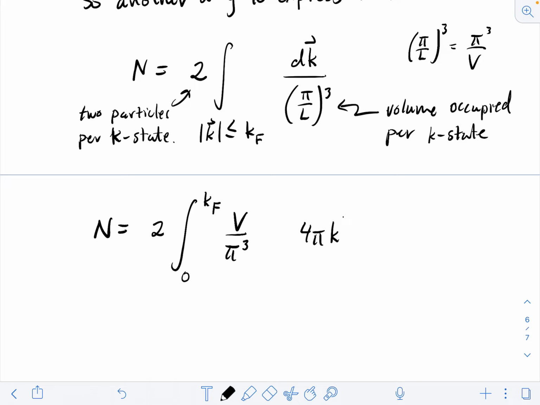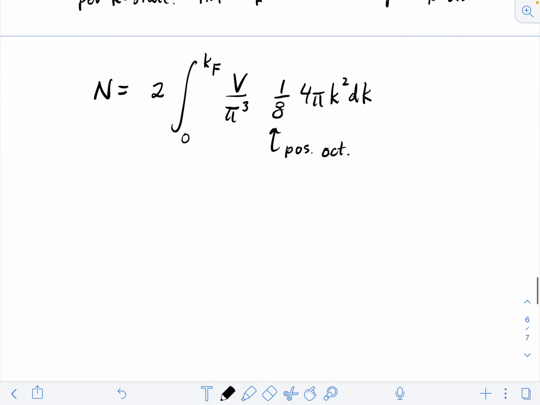So a spherical shell has a volume 4 pi k squared dk. 4 pi k squared is the surface area of the sphere, and when you multiply by dk, that's the volume of a shell. But then we have to remember that we have only 1/8 of a full sphere. So we're only working in the positive octant, if you like.